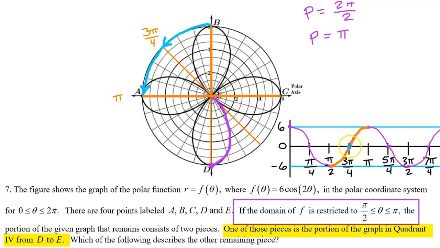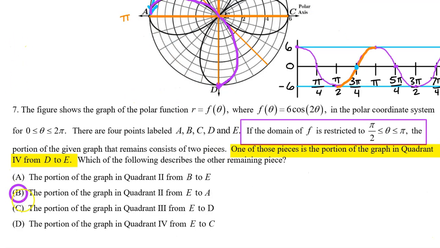So at 3 pi over 4, we begin at the pole, and then we go to a maximum value of 6. That's from E to A. So the answer is B. The remaining piece is the portion of the graph in quadrant 2 from E to A.